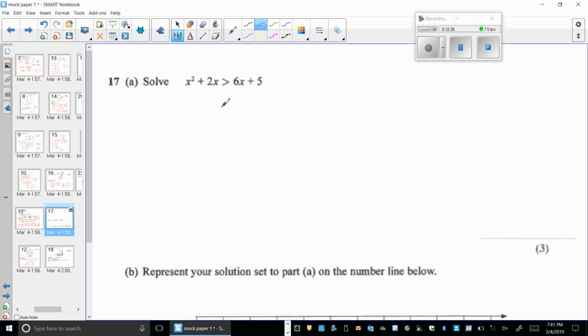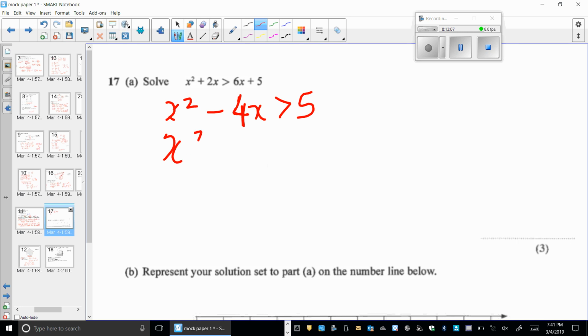Right, next one, solve. It's an inequality, so remember, we treat it as though it secretly is the equation. We're going to subtract 6x from both sides, and subtract 5, so that we have 0 on one side. So we've got x squared subtract 4x is greater than 5, taking away 6x from both sides.